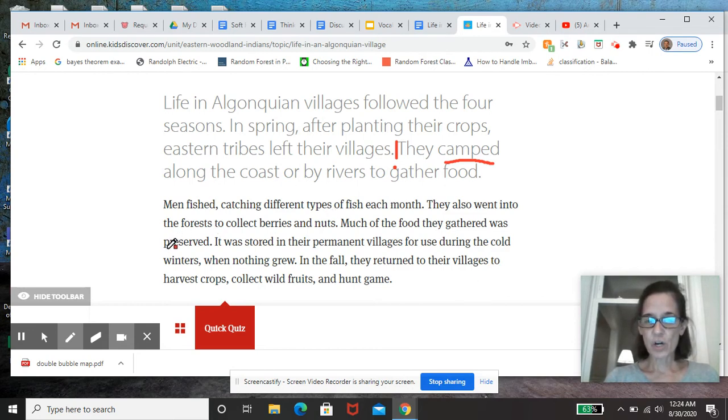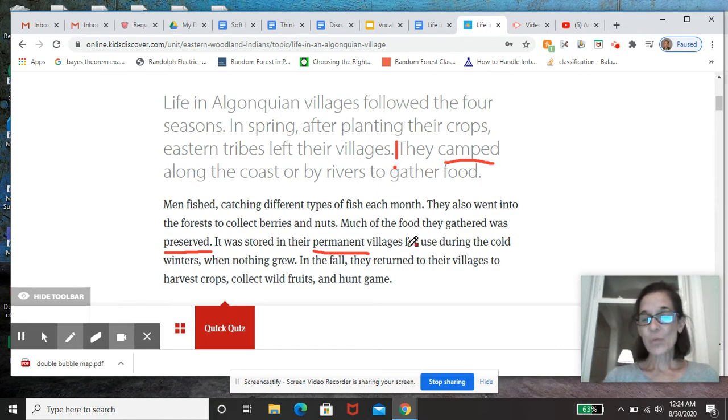Oh, there's our word. It was stored in their permanent villages. There's another word. For use during the cold winters when nothing grew. In the fall, they returned to their villages to harvest crops, collect wild fruits, and hunt game. Okay, so now I know they didn't really move.